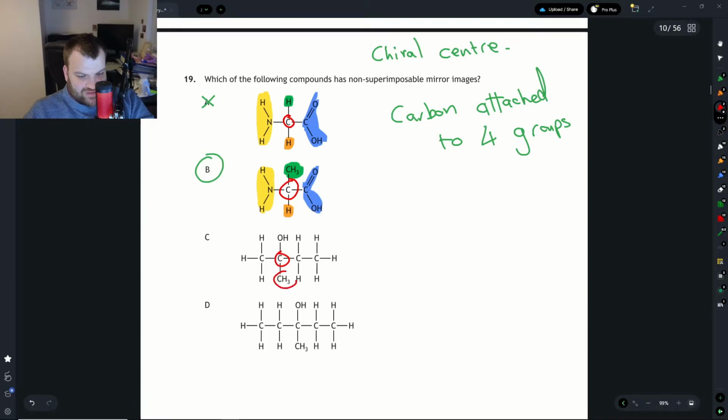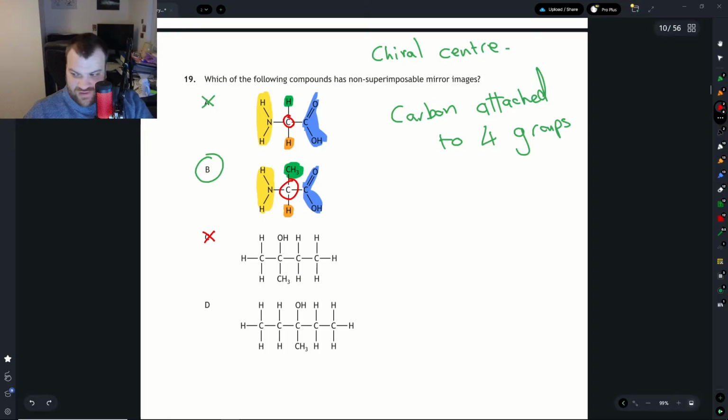This one, we have a CH3 here and a CH3 there, so two of them are the same, ruled out. To the right here, there's two H's attached, so it's not that. And here we have three hydrogens attached, not that. Three hydrogens on these two, not it. Two hydrogens on these ones, not it.